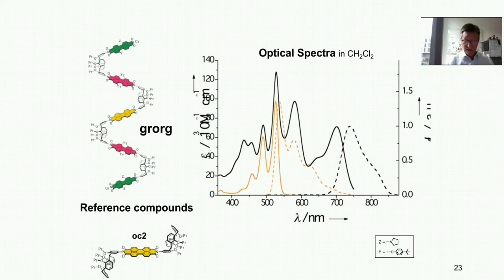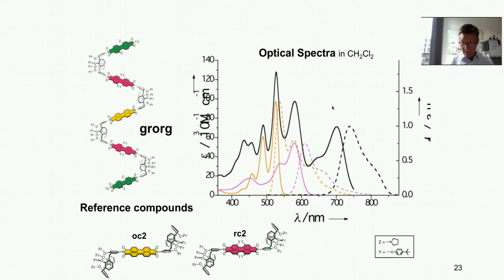Here we see the absorption and emission. This is the emission of the perylene orange chromophore, and this is the absorption and the emission of the perylene red. So you can already see that the emission of the orange chromophore and the absorption of the red chromophore have a good overlap.